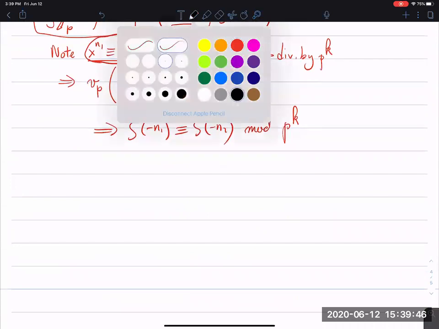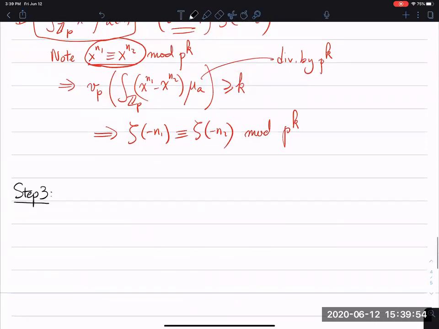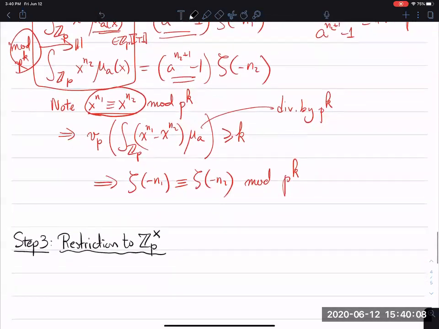In fact, to get the so-called p-adic zeta function, there's a third step. It's not that easy, and it's not very obvious why we want to do that, but let me try to explain. It's called restriction to Z_p cross.